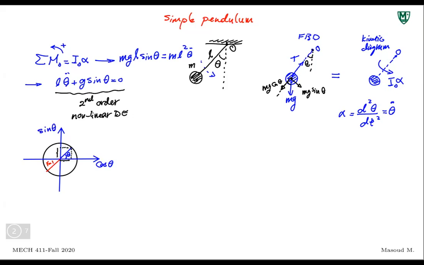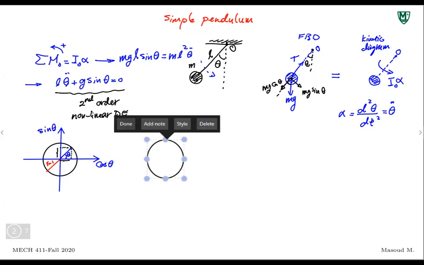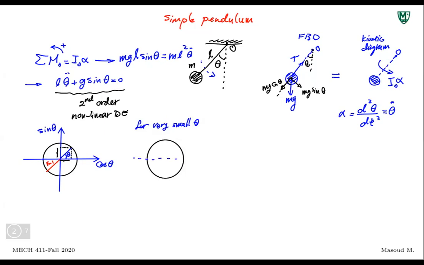For very small theta, let's see what happens. If I draw this again here. Now, I have a very small theta. What happens is that, well, this is the cosine axis, and this is the sine axis. Right? These represent the values for sine and cosine.